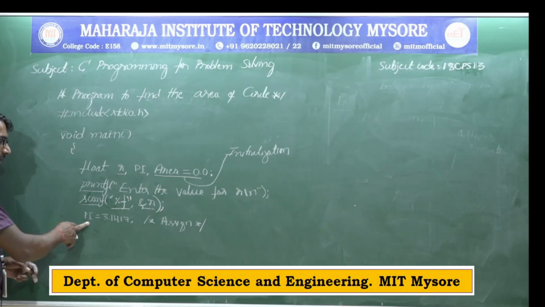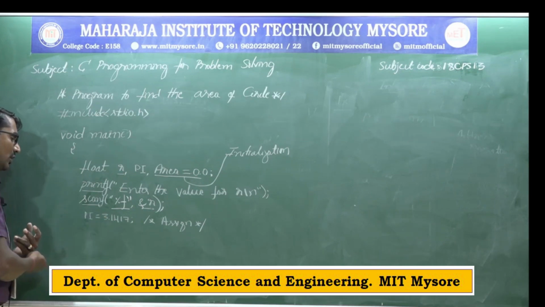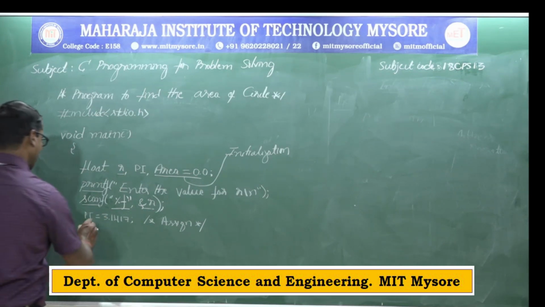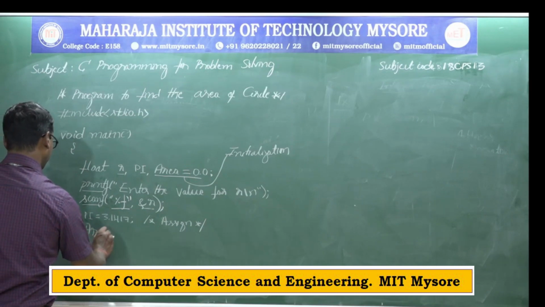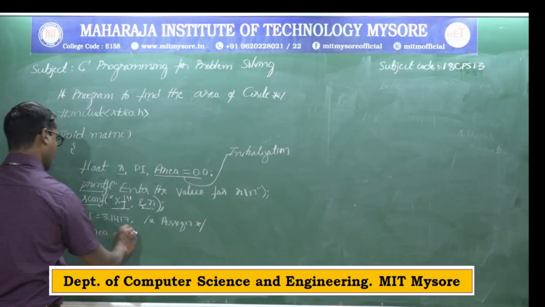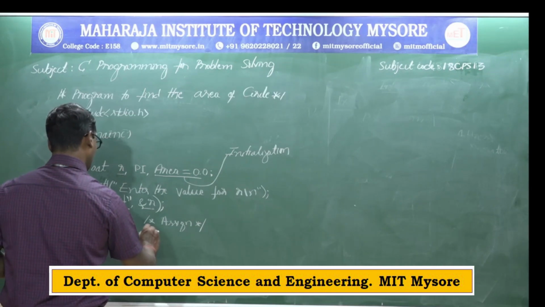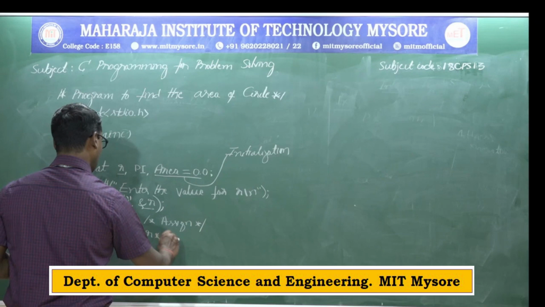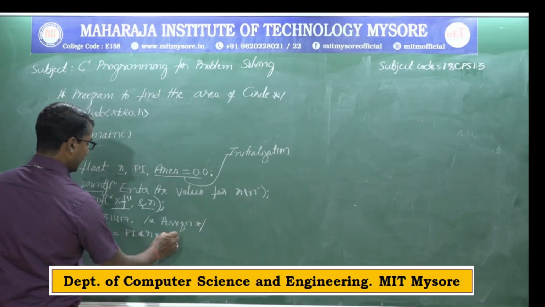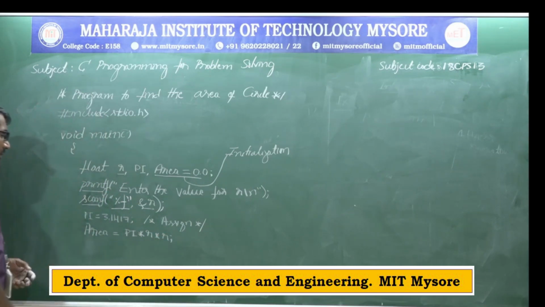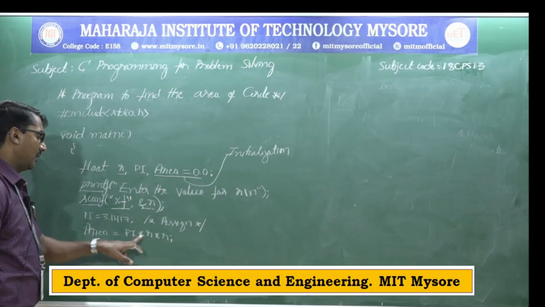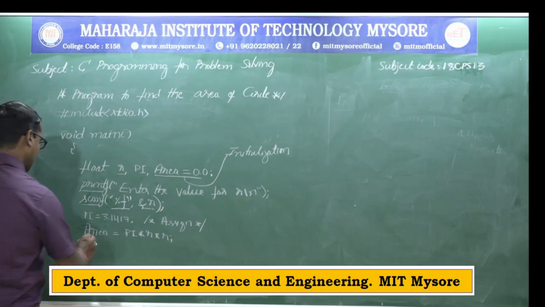Here I am assigning pi is equal to 3.1417. Area is equal to pi into r into r. Okay, here I am performing the calculation by performing the operation pi into r into r.